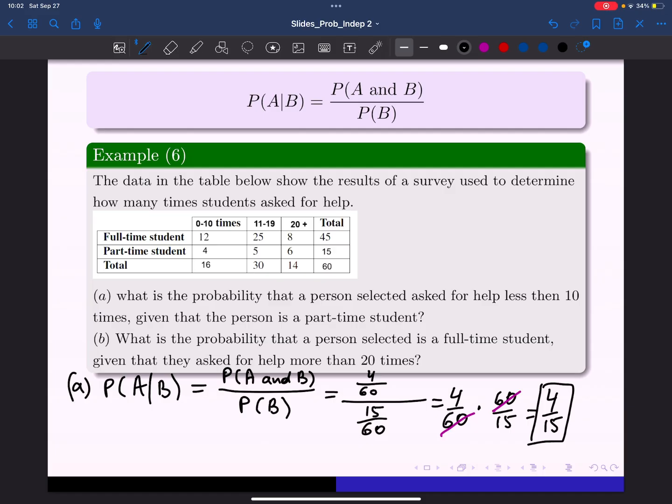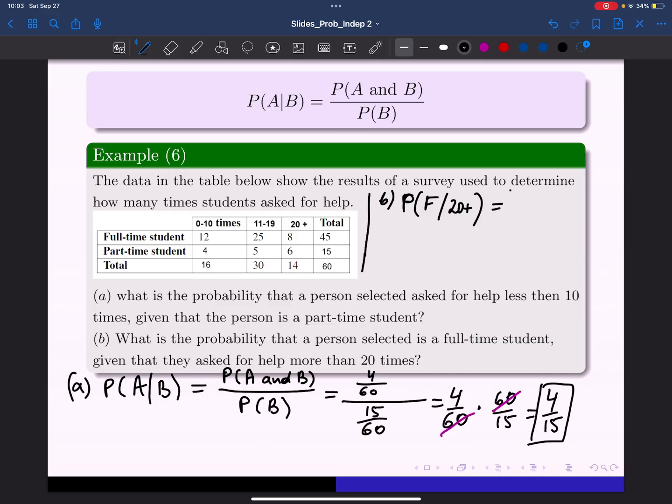For part B, what is the probability that a person selected is full-time given that they asked for help more than 20 times? So in that case, we have the probability that the person is full-time given that they ask for 20 or more, so 20 plus times.